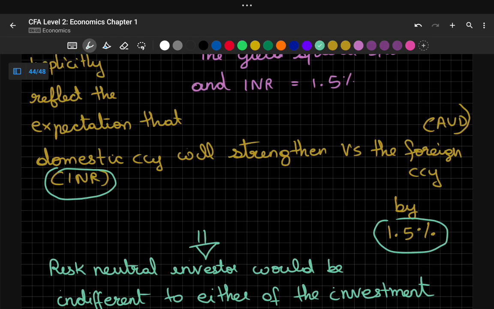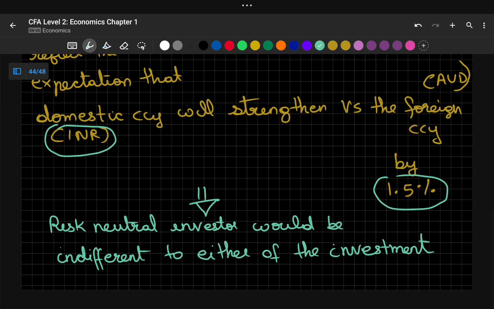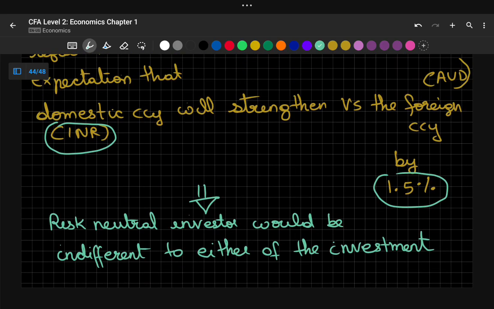So by the time you get AUD's return and convert it back to INR, you will get exactly the same return as if you had invested in a similar INR money market instrument. That's why a risk neutral investor would be indifferent to either of the investments.